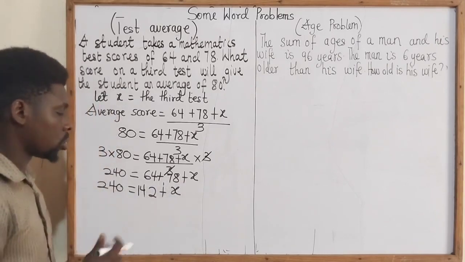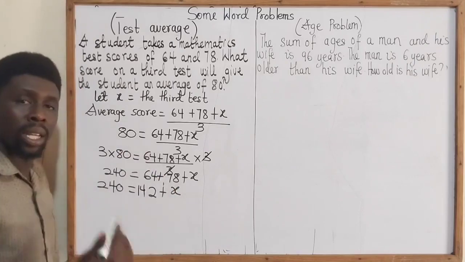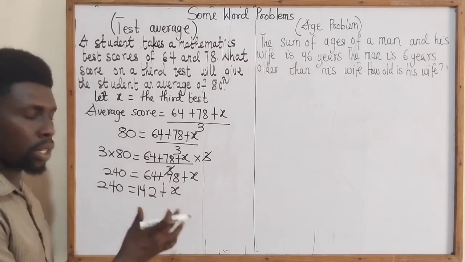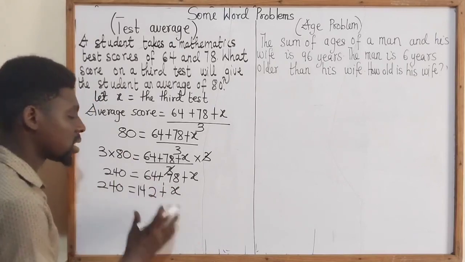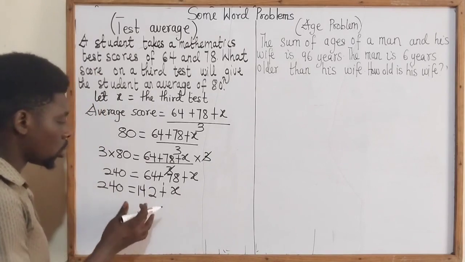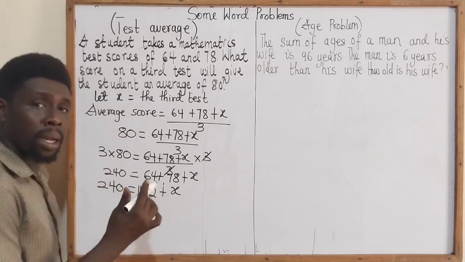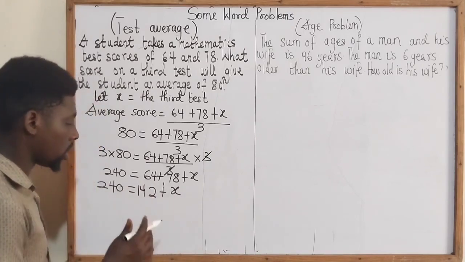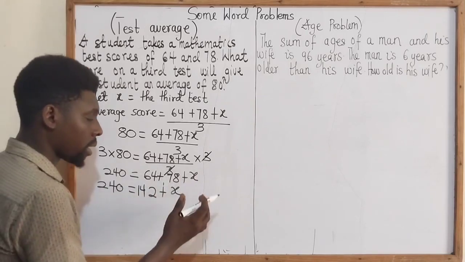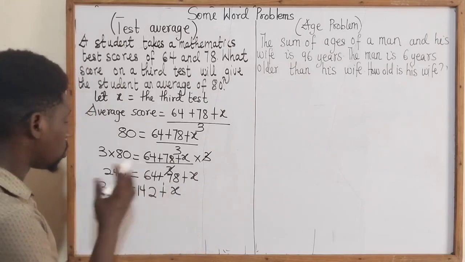All right, so what do I do? For us to get our answer, x needs to be made the subject of the equation. In other words, x should stand alone at one side of the equal sign. So I am going to apply my subtraction property of equality by taking off 142 from the right hand side and do the same to the left hand side.